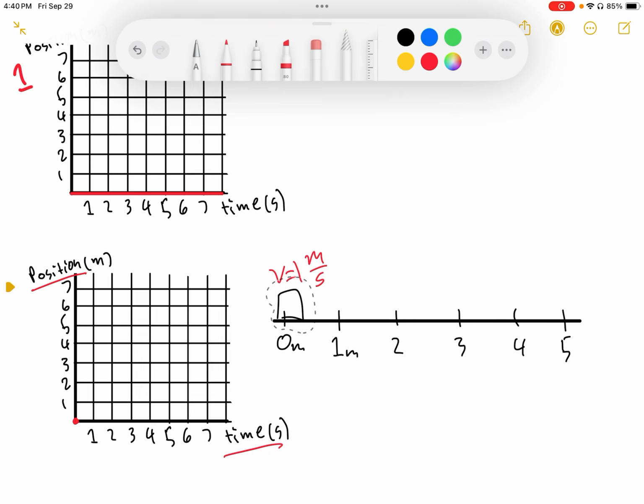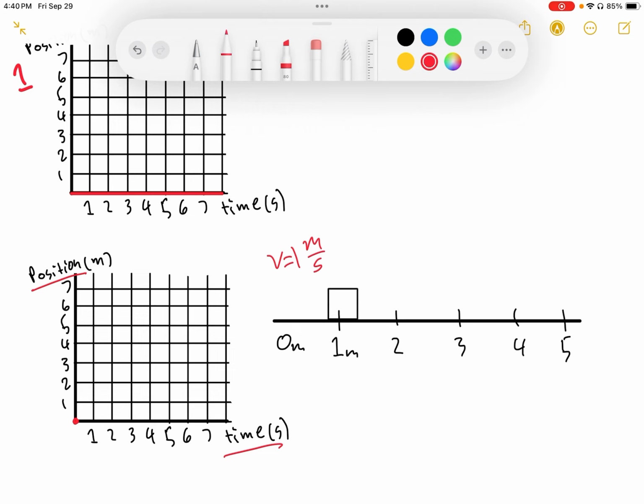And when our stopwatch is at, let me turn this into an actual box here. I'll make an actual square. Okay, so when 1 second has passed, our box is now at 1 meter.